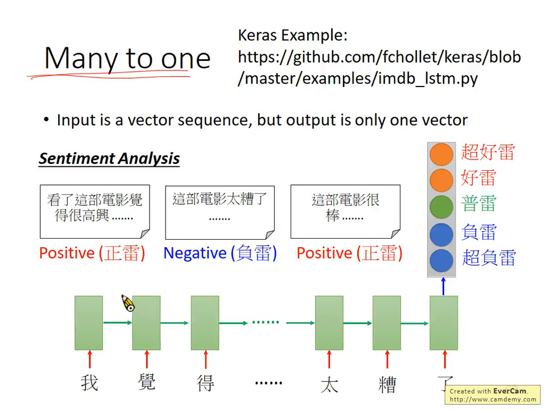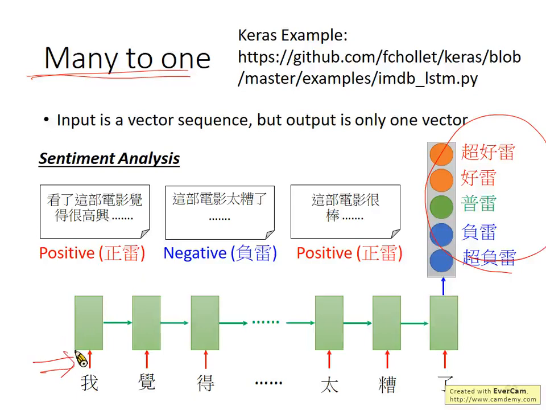The input of sentiment analysis may be an article, and in this article there are many words. We can model the relationship between these words, and finally output the degree of interestingness or the degree of highlight of this movie. So this is a many-to-one mapping.